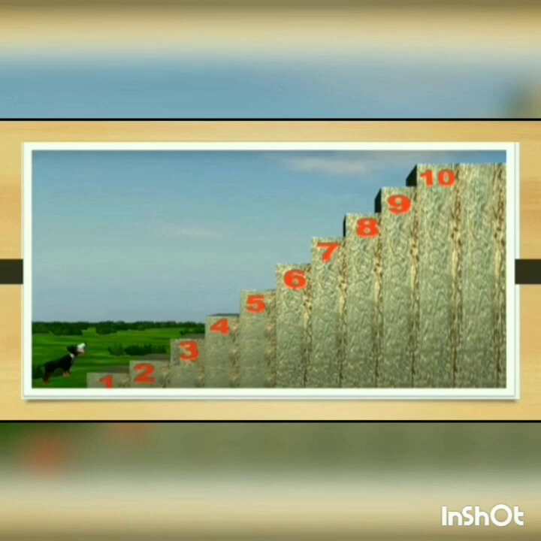Number 5 is bigger than number 4. Number 6 is bigger than number 5. Number 7 is bigger than number 6. Number 8 is bigger than number 7. Number 9 is bigger than number 8. And number 10 is bigger than number 9. So, we are seeing here that the numbers are increasing from smallest to biggest, from 1 to 10.